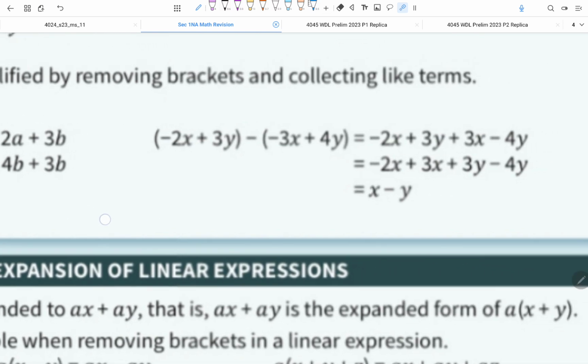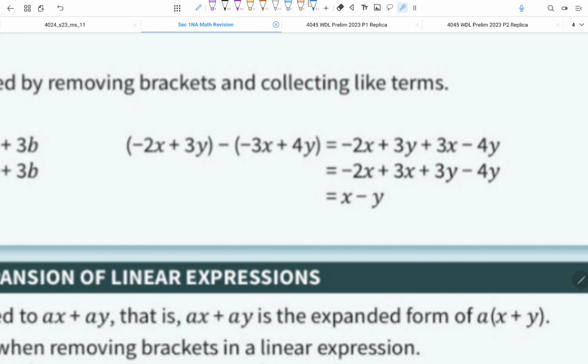This is when you see a plus in the middle. But if you see a minus on the next example, now this gets a bit tricky. Minus and minus becomes plus. Minus times positive becomes minus. We already went through it just now. So now, collect the like terms. Negative 2x plus 3x, group it together.